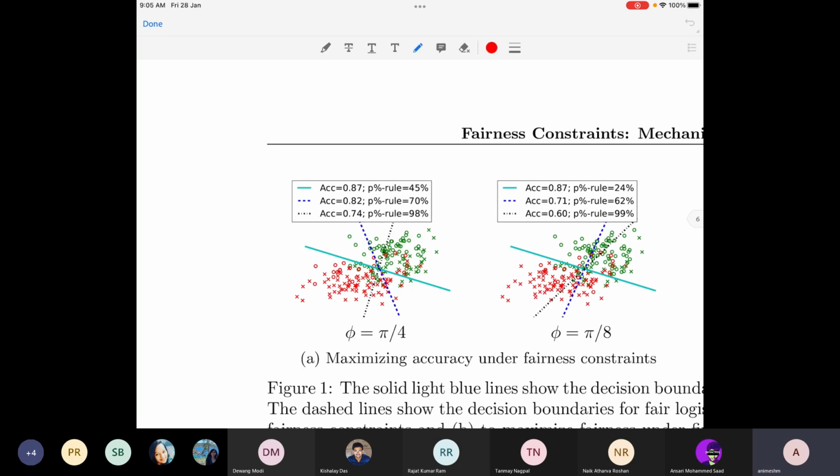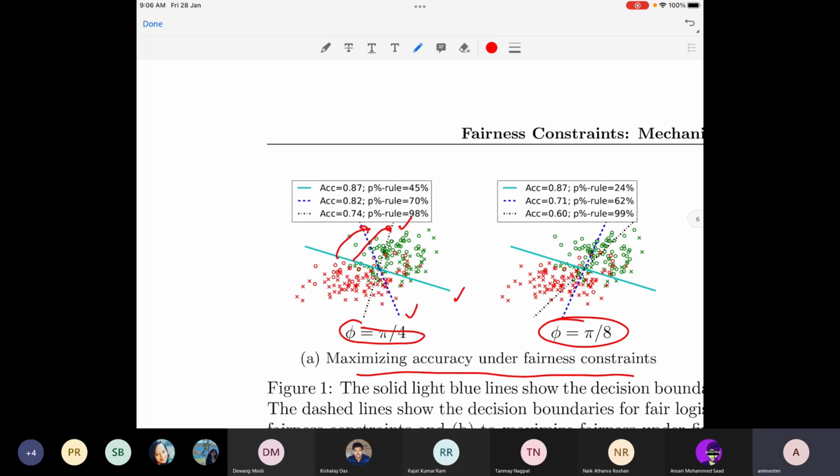So last day we had looked into this part of the story where we were seeing the situation of maximizing accuracy under fairness constraints. And there we have seen, for two different values of phi, how the separating line or the division line changes and gets a rotation.